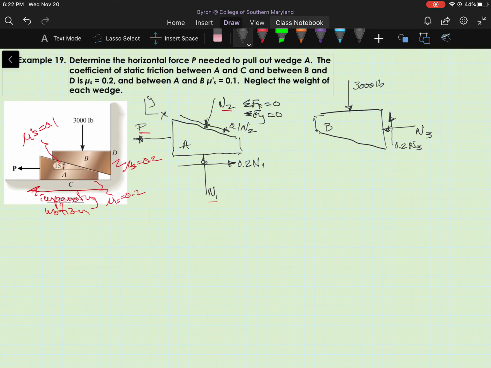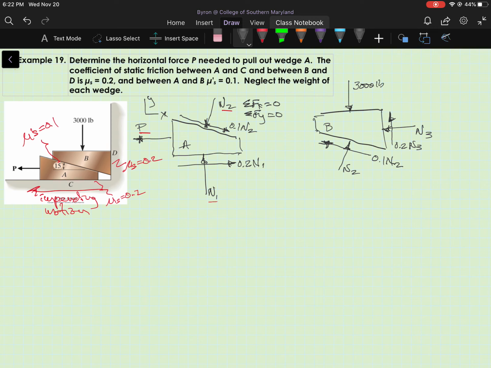And then on the bottom surface of B, I'm going to show an equal and opposite normal force to that acting on A. So it'll have a magnitude of N2, but it'll act in the opposite direction of N2. And then I'm going to show an equal and opposite frictional force from what I showed on A, which is going to be 0.1 N sub 2.